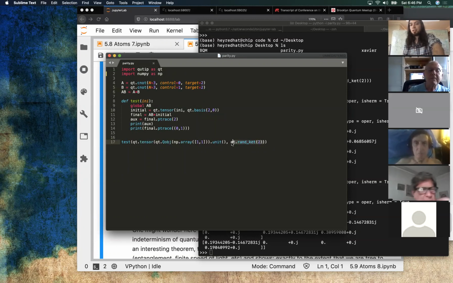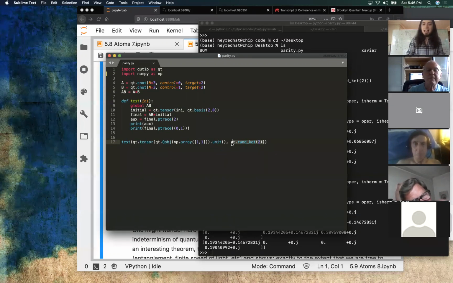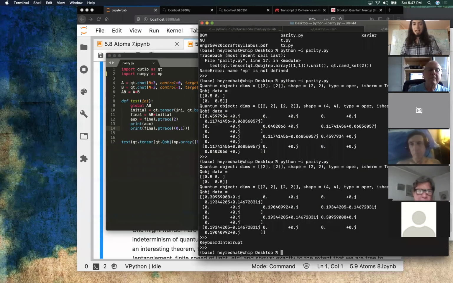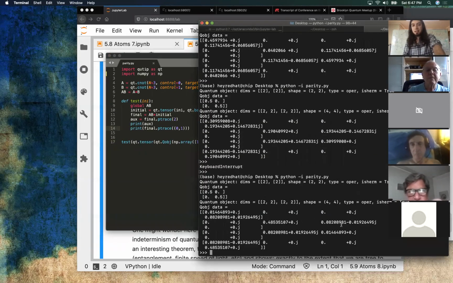Then I choose some random other state and tensor them together. Then I apply the parity gate, and the answer should come up for C, the other qubit. And every time I do this for C, I always get the maximally mixed state.